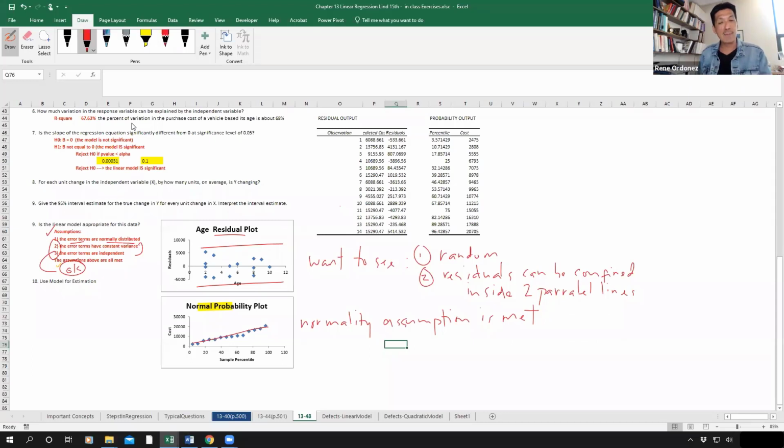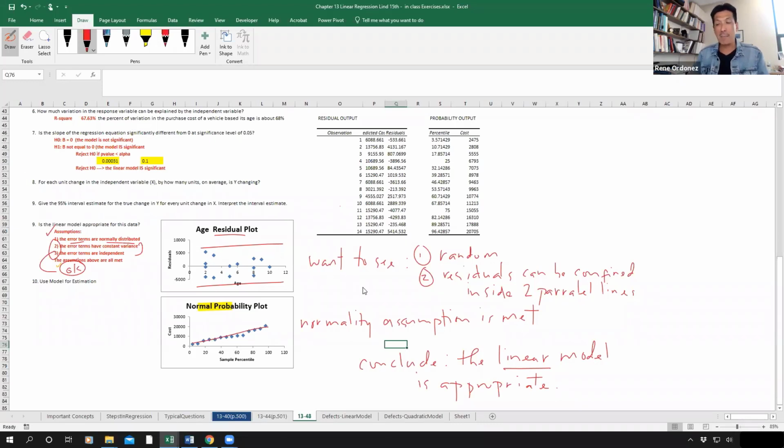Because these assumptions are met, we will conclude that the linear model that we tested to be significant is appropriate. Okay?